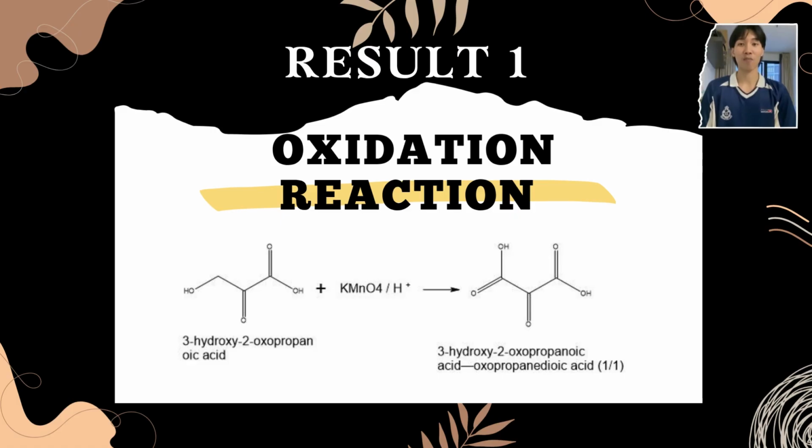When we treat this compound with CrO3, H+, which is a strong oxidizing agent, it acts specifically on the hydroxyl group. The hydroxyl group is oxidized to a carboxylic acid, forming an oxopropanedioic acid. Now we have 2 carboxylic acid groups, one at each end, and the ketone group in the center remains unchanged.